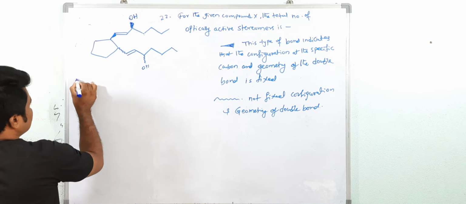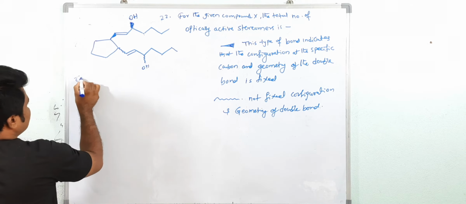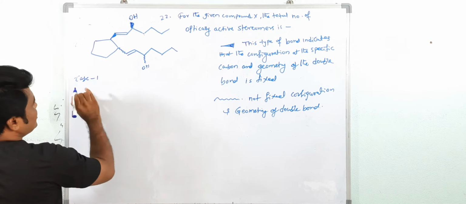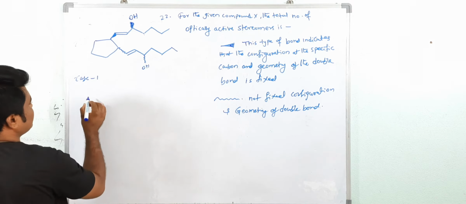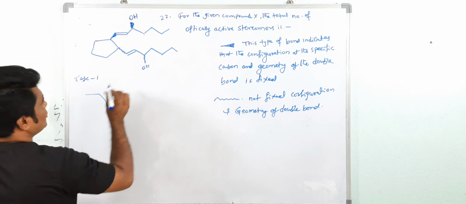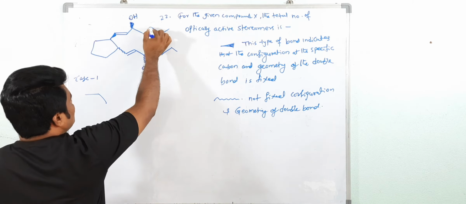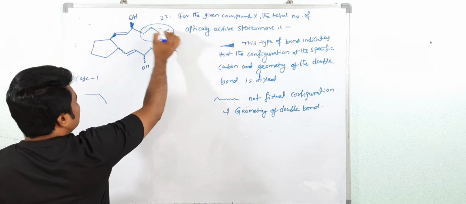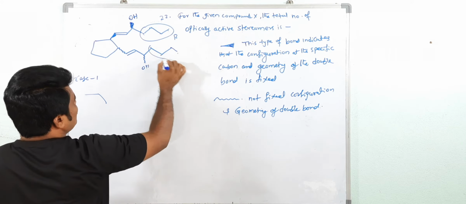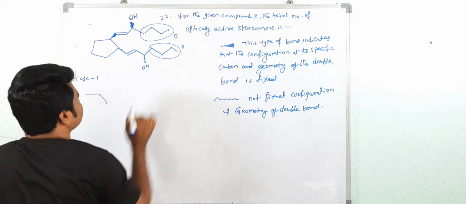Now I am taking first, in the first case, case 1, I am putting the geometry of this pi bond as trans. See here. Now this group, see 1, 2, 3, 4, 1, 2, 3, 4. Now this group I am considering R, and this group I am considering R, both are same.